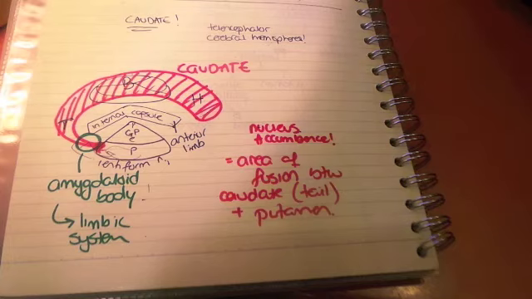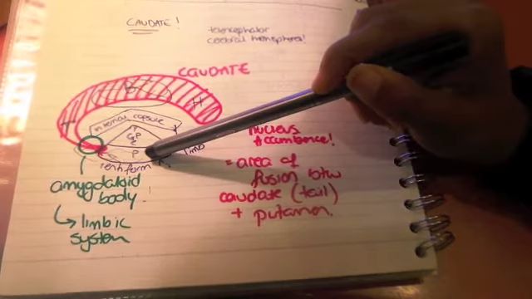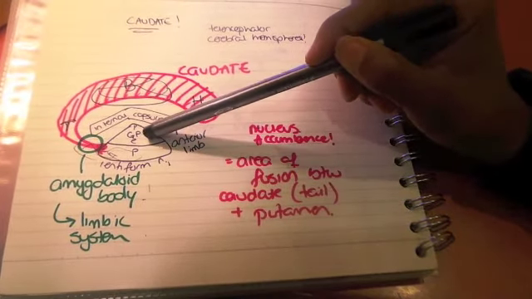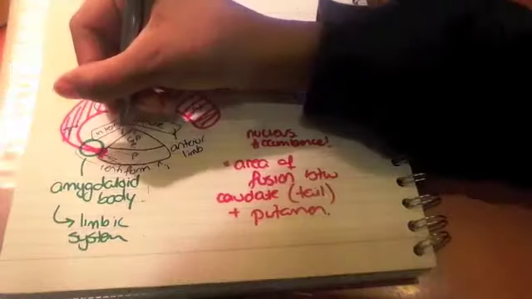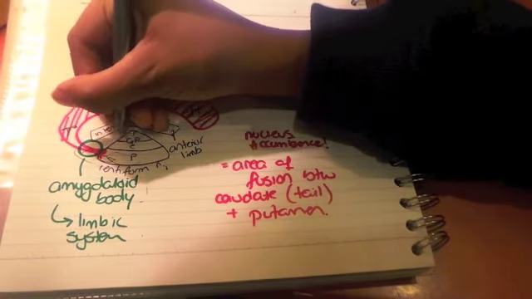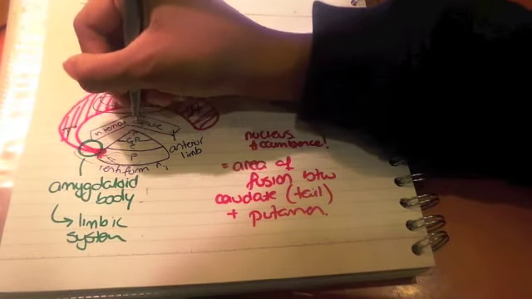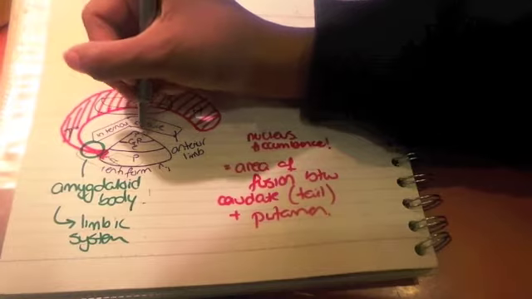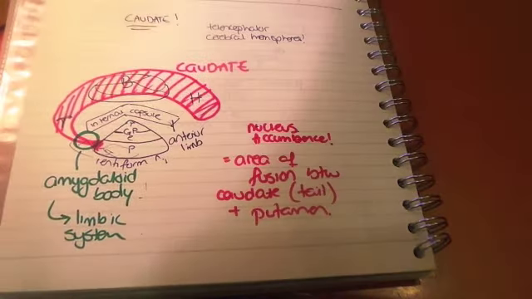Now the lentiform nucleus has two parts. We can see them clearly here. You have your putamen and your globus pallidus. Globus pallidus is divided into two parts: your internal part, which is the most medial, and the external part.